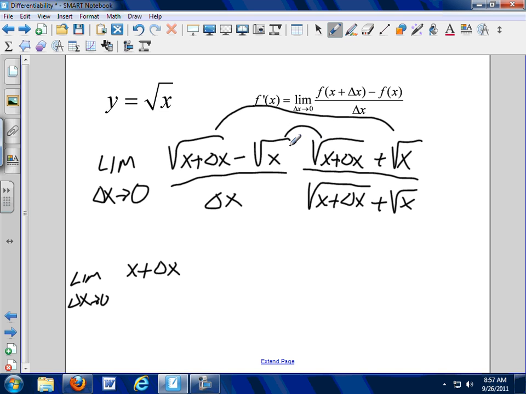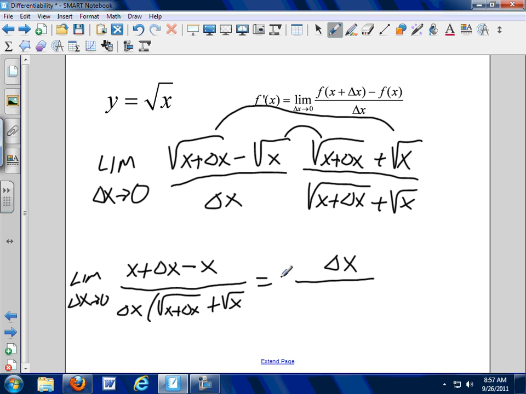And then I'm just left with the last, which is the square root of x times the square root of x, which is just x, and it's a positive times a negative, so minus. On the bottom, I've got delta x times my conjugate. X plus delta x minus x is just delta x. Still taking the limit as delta x goes to 0.